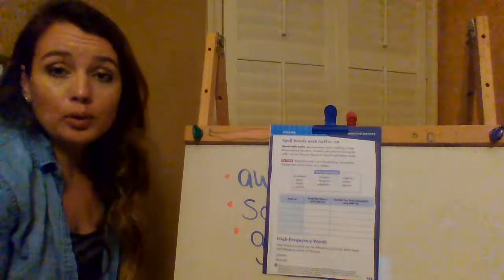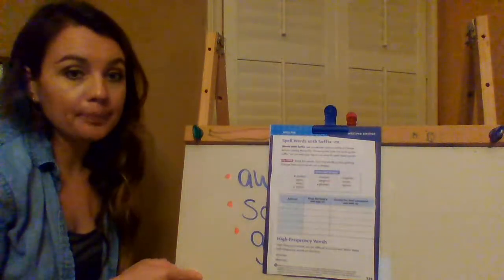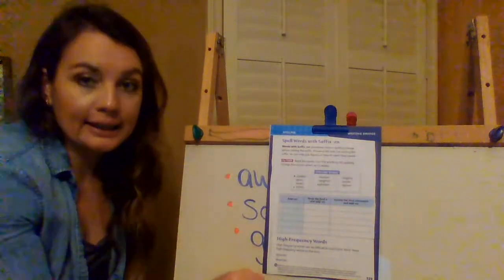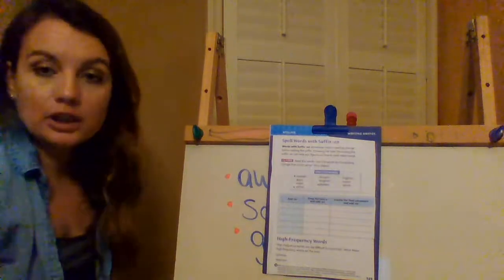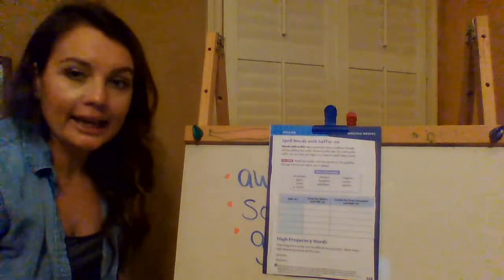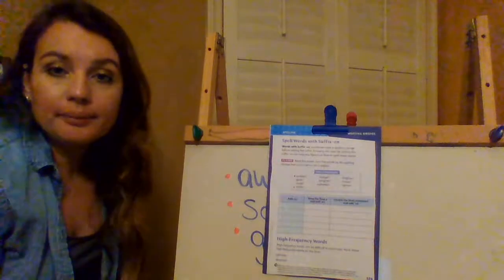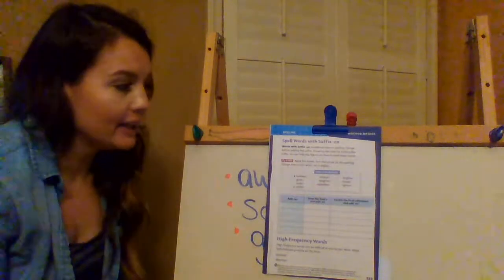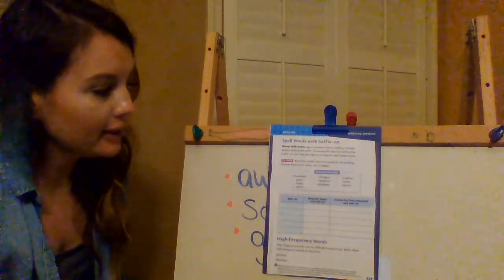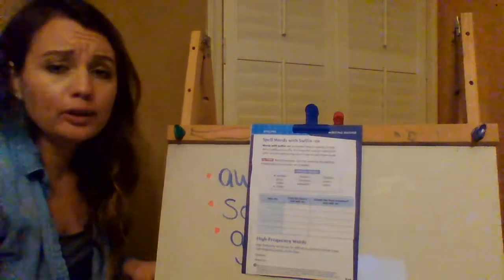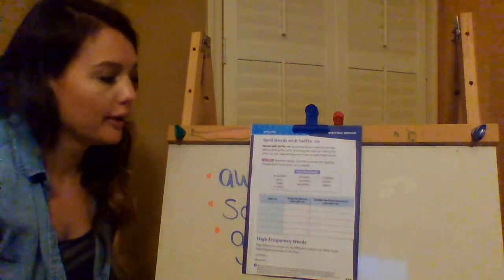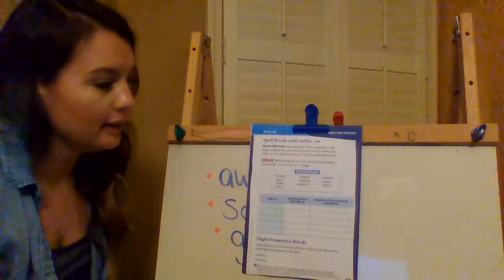For widen, wide already ends with an e, so we have to drop the e and add en. Soften, we did that one. That one we just add en. Sharpen, sharp, we just add en at the end. Lengthen, that one length, we just add en at the end. We don't have to drop anything, add nothing.